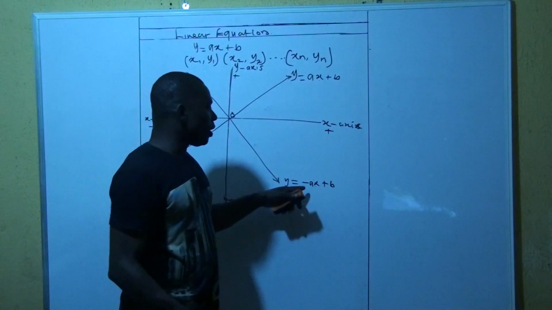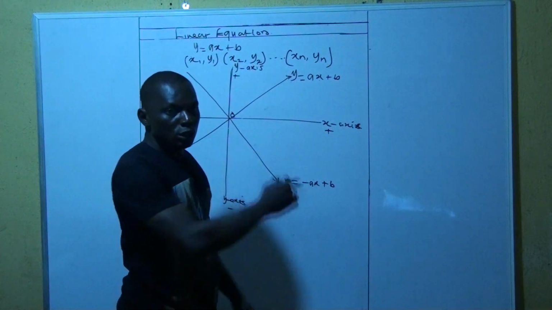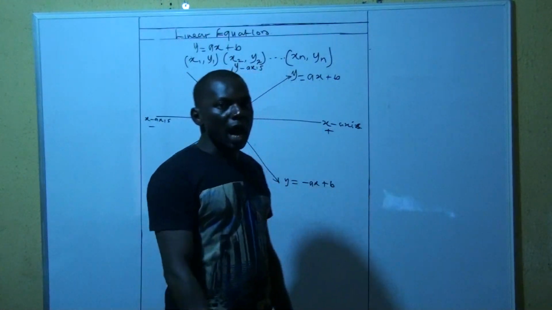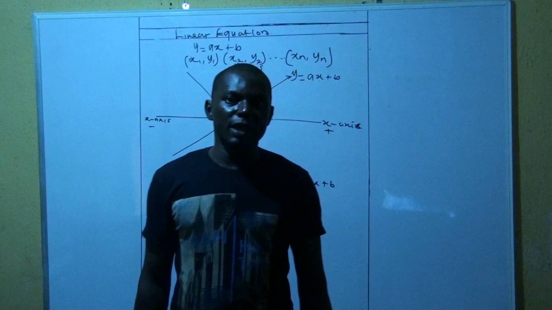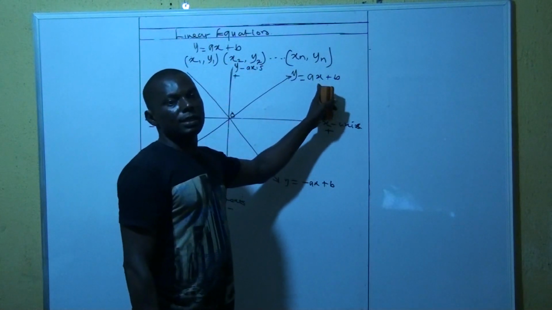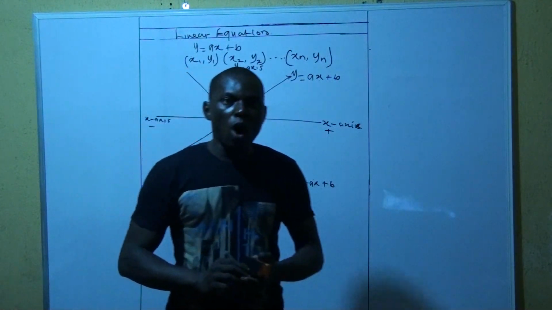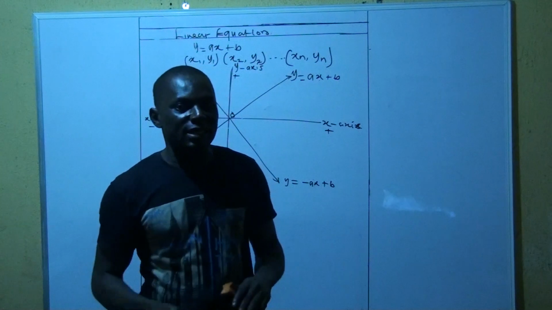If the coefficient of x is negative, your graph will slope downward, like that of the demand curve. If the coefficient of x is positive, it takes the nature of the supply curve. We are not looking at economics here.